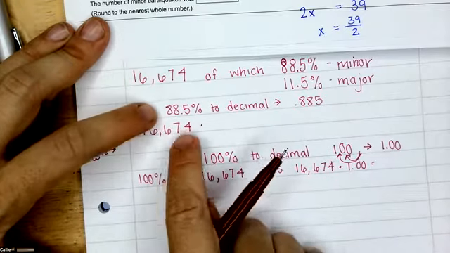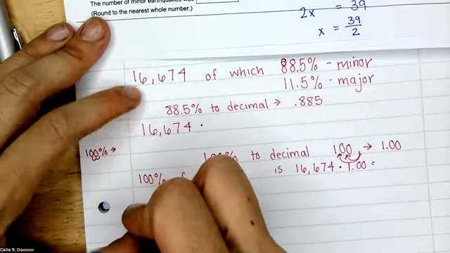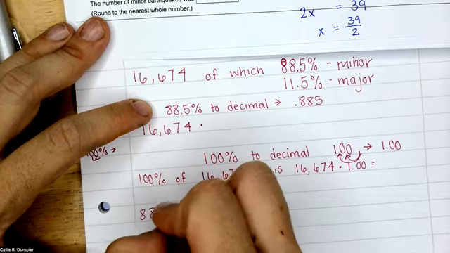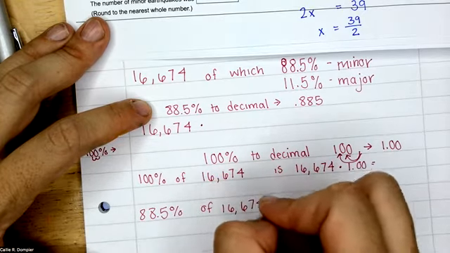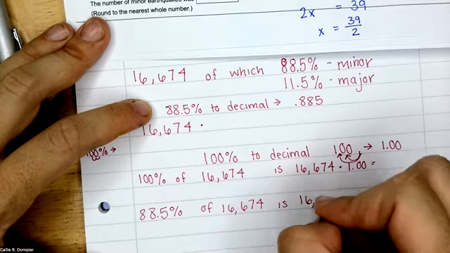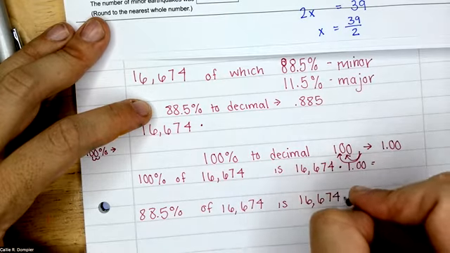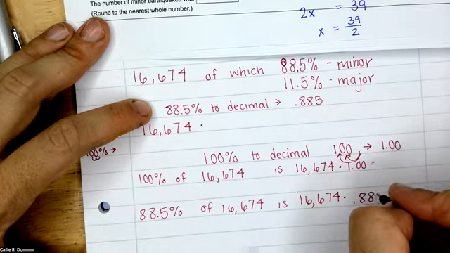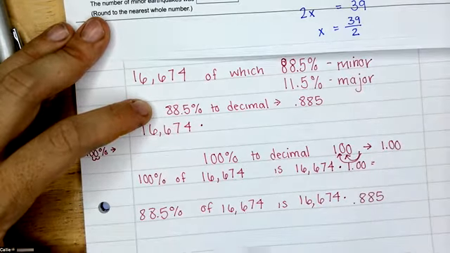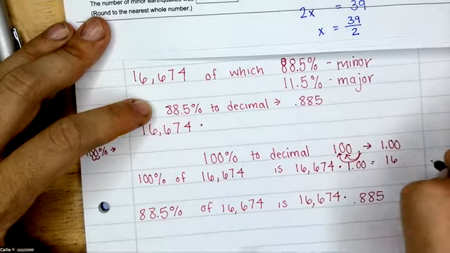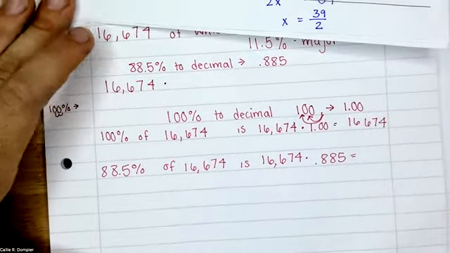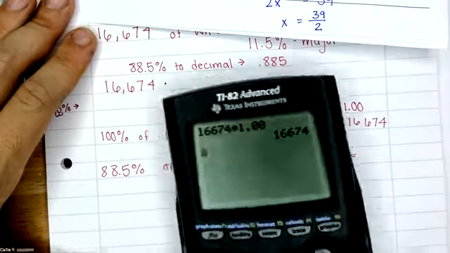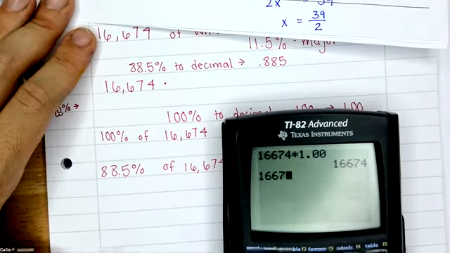So 88.5% of 16,674 is 16,674 times 0.885. Not divided by.